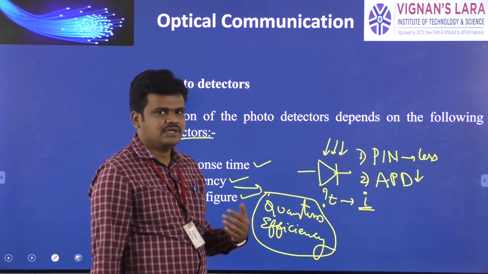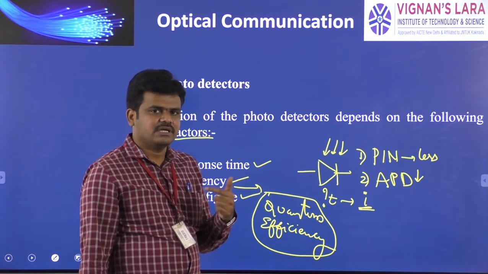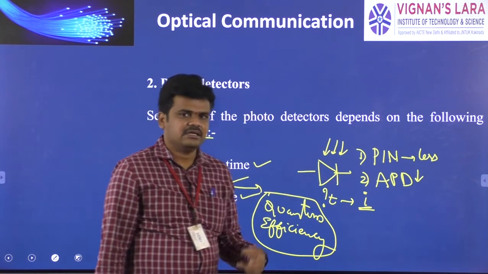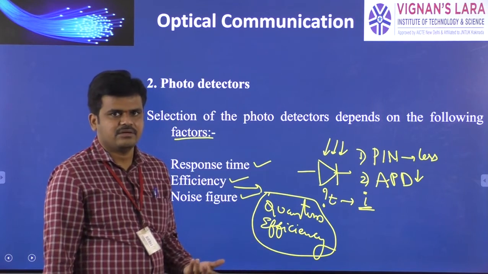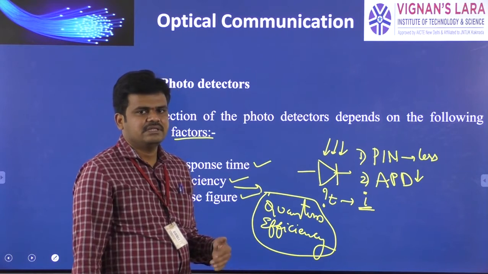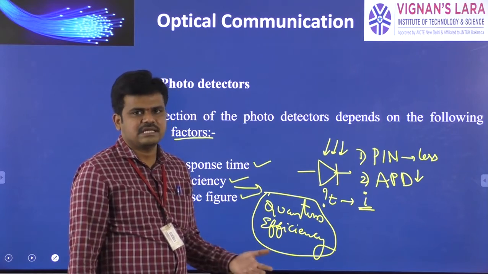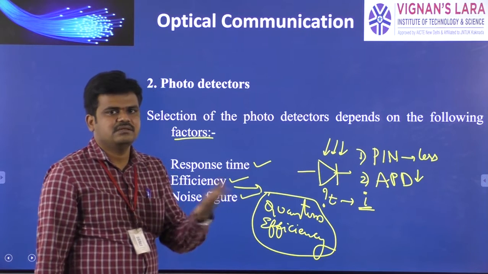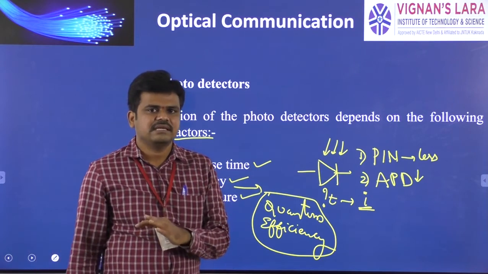Whether it is the pin diode or APD, they are operating in reverse bias. When electrons and holes are generated, electrons will be moving towards the anode, holes will be moving towards the cathode.